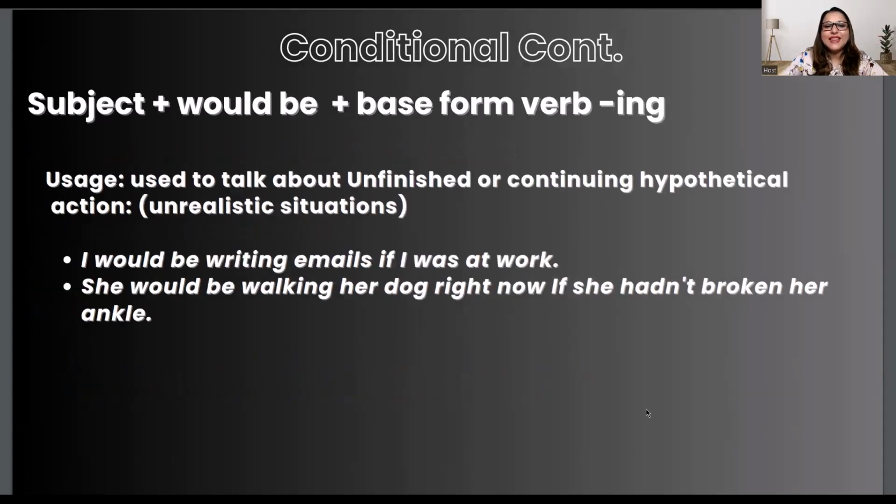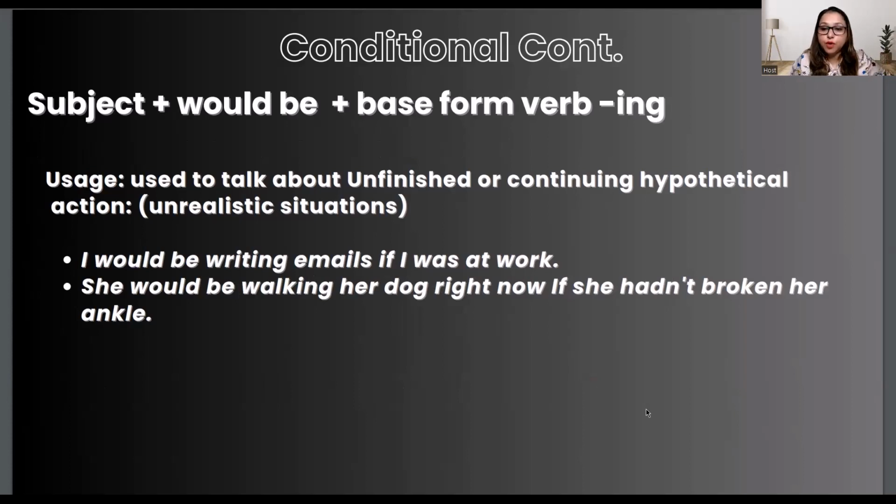Then conditional continuous. It is used to talk about unfinished or continuing hypothetical action. The sentence structure would be subject, would be, base verb plus ing. I would be writing emails if I was at work. Well, I'm not at work, so I'm not writing any emails.